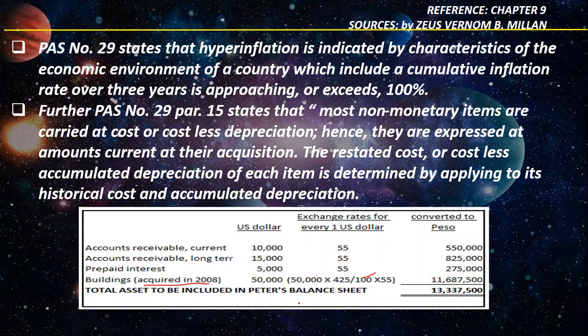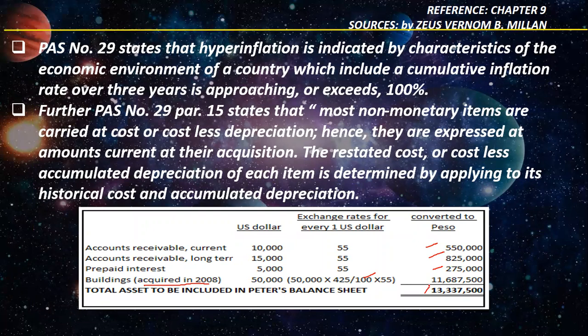And then multiply to the 55 exchange rate. So we come up with 11,687,500. So we sum it all up: 550, 825, 275, and 11,687,500, and come up with 13,337,500, which is the total asset to be included in Peter's balance sheet.